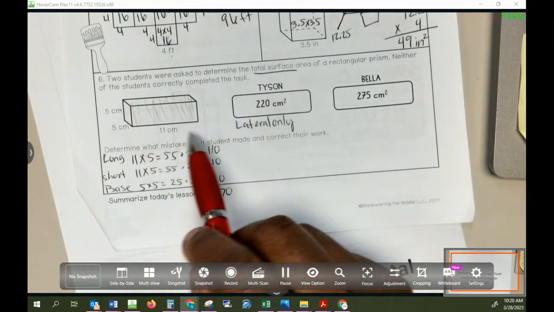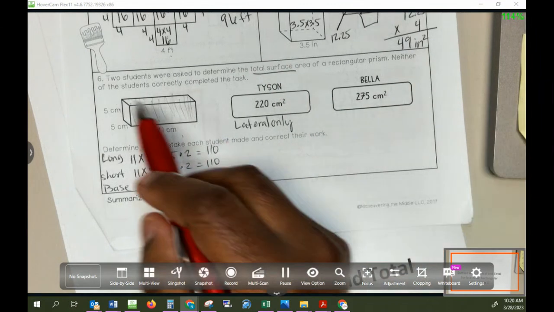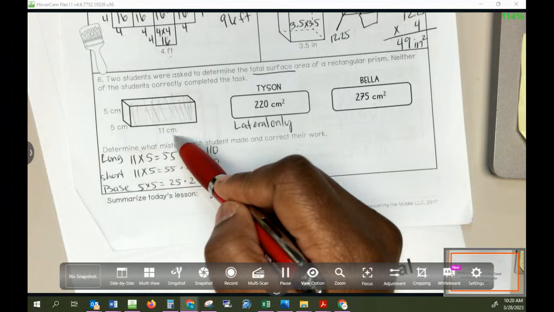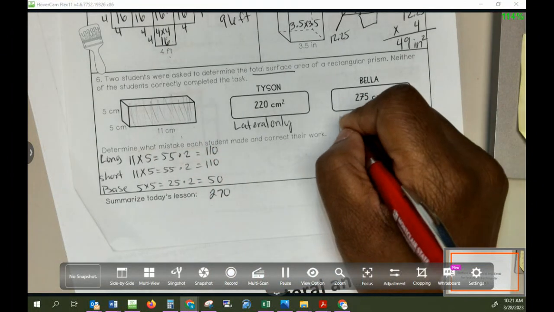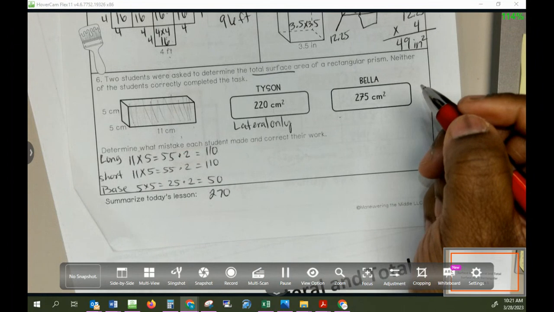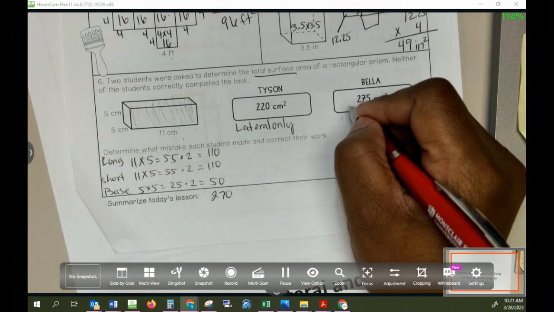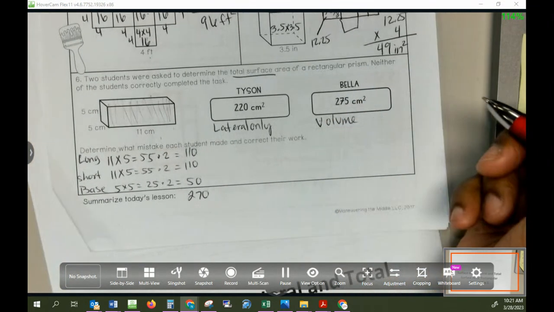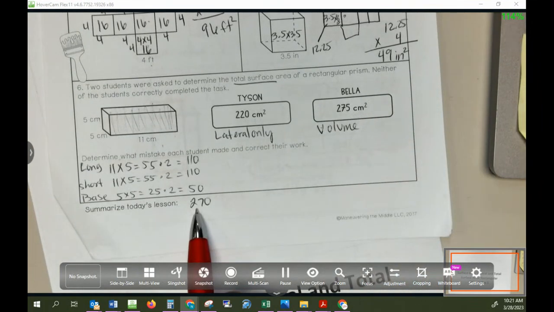Let's use IB's method. He said, why couldn't we just multiply all three? So if we multiply 5 times 5 times 11, that's 25 times 11. What is 25 times 11? 275. So Bella used volume. Right, because she got a different answer than what we got.